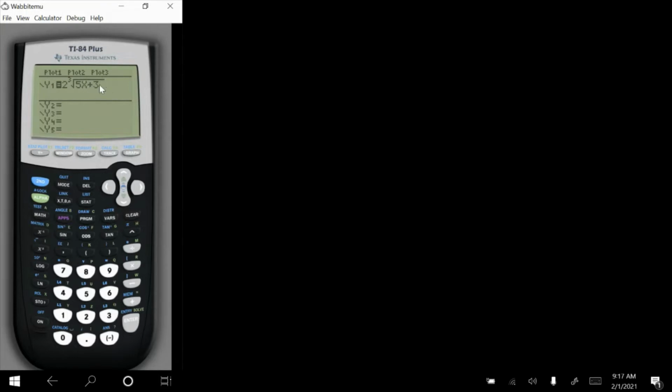Okay, for those that are seeing what I'm seeing in my Y1 here, we're going to get outside the radical by pressing the right arrow button and then big minus sign 4. Everybody good so far? Okay, so let's look to see what the standard viewing window gives us. We'll do zoom option 6.